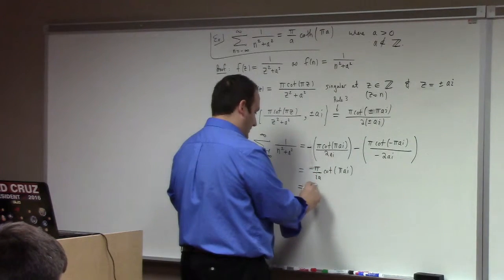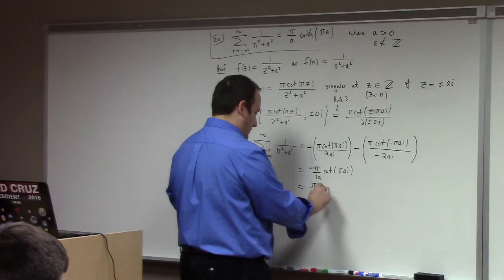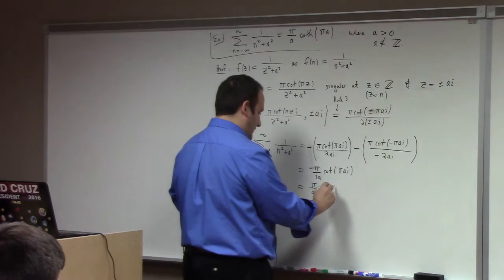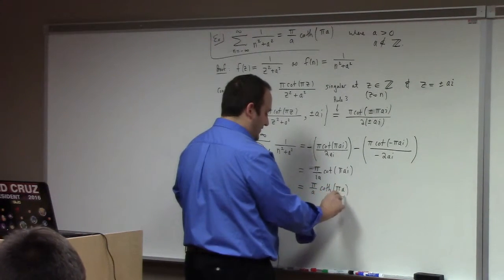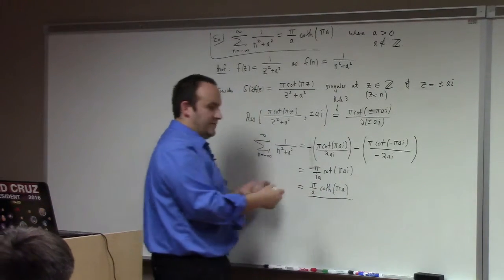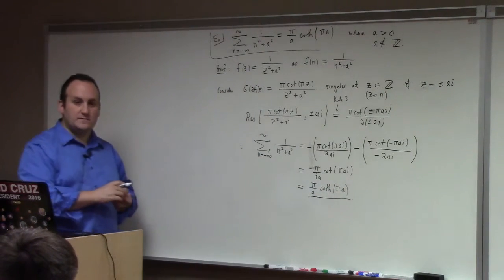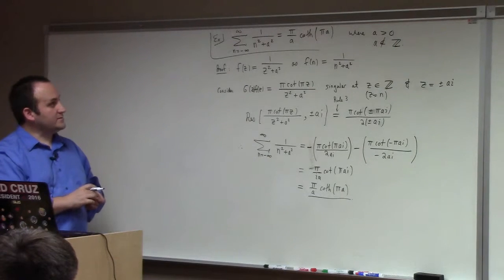So we get pi over a hyperbolic cotangent of pi a, using the sinh and cosh identities as they relate to sine and cosine, both at once. There it is.